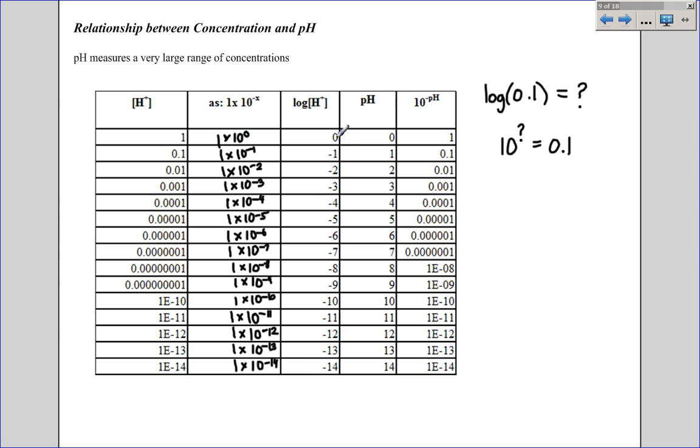So you might see here a very interesting list of numbers. They're all whole numbers, and they go from 0 to negative 14, which might look like a familiar range of numbers because, besides the negatives, this is close to what the pH scale gives us.